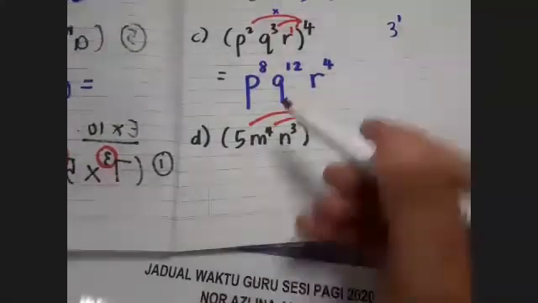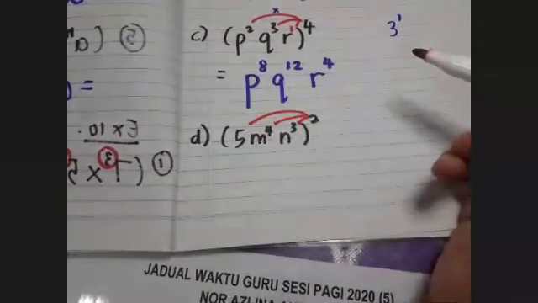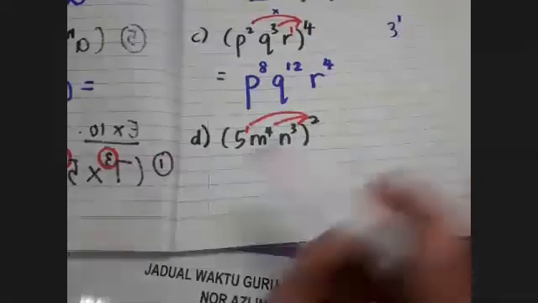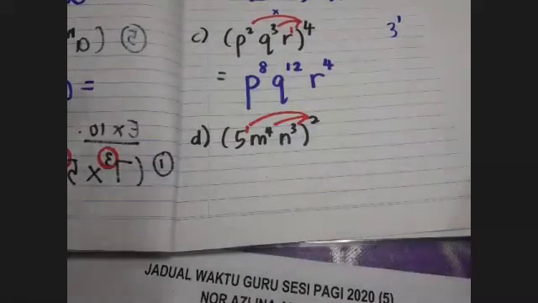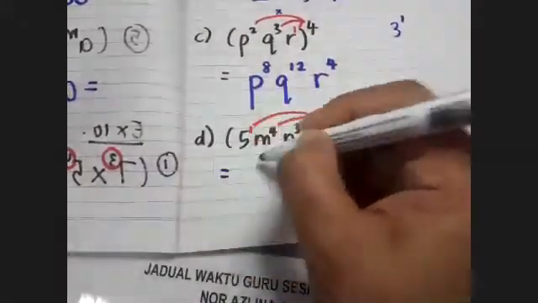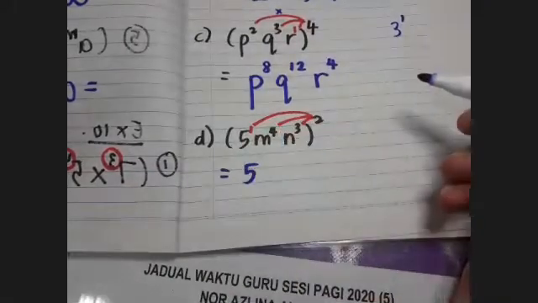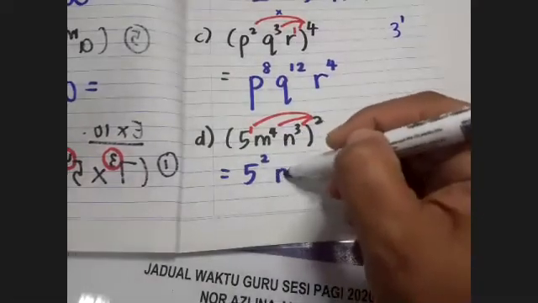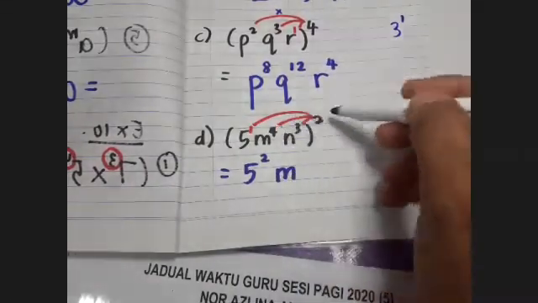Okay. What is the power of 5? The question just writes 5. So what is the power of 5? This is power of 1. So 5 power of 1 multiply 2. This is 2. M 4 multiply 2.